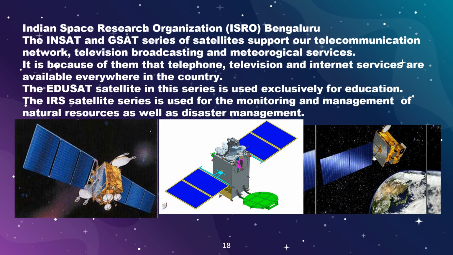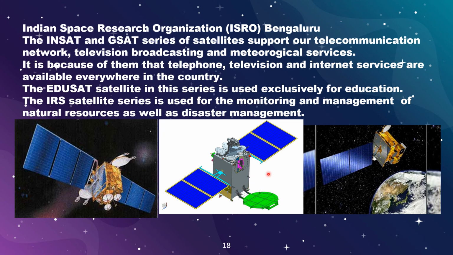ISRO has launched a series of satellites. For example, the INSAT and the GSAT series of satellites is actively working in the field of telecommunication, TV broadcasting and meteorological services. So availability of television, telephone and internet services all over the nation has been possible due to the satellites INSAT and GSAT.